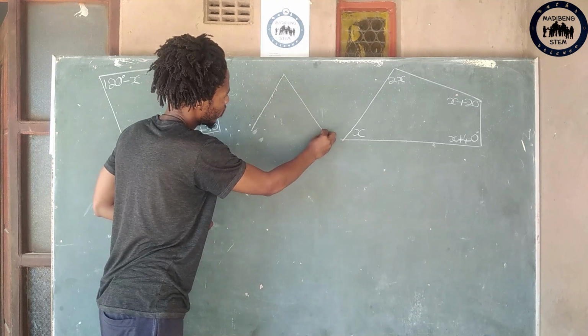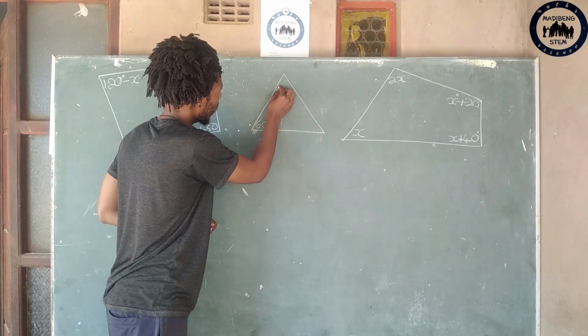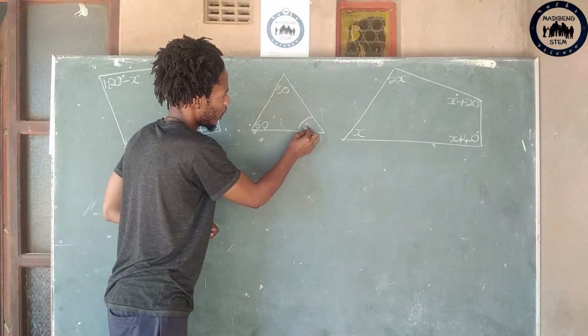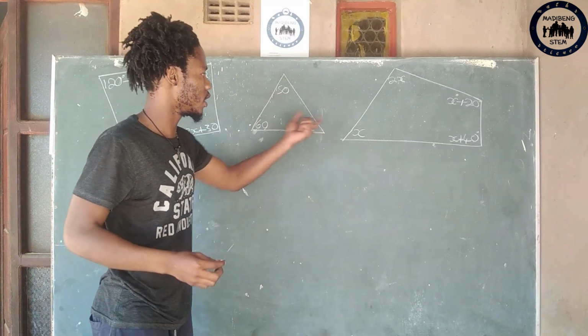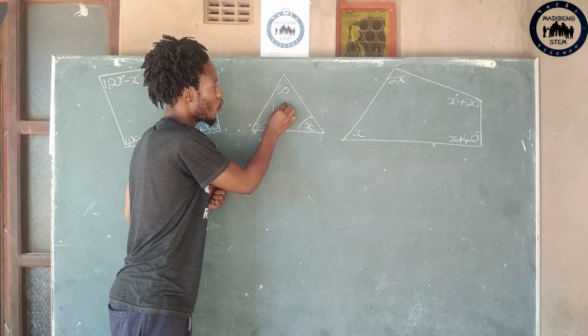The difference between this type of question is that here, let me say here is 60 and here is 50, and we want x. The sum of the triangle, we always use 180.